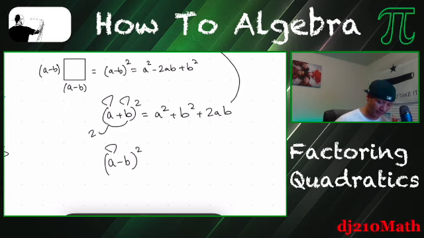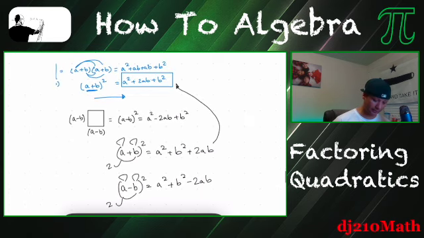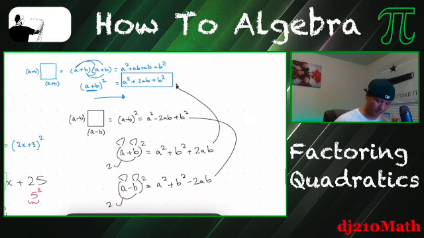So a times a gives me a squared. Negative b times negative b gives me positive b squared. And then 2 times a times negative b, so minus 2ab. And that's exactly this guy right here, just out of order.